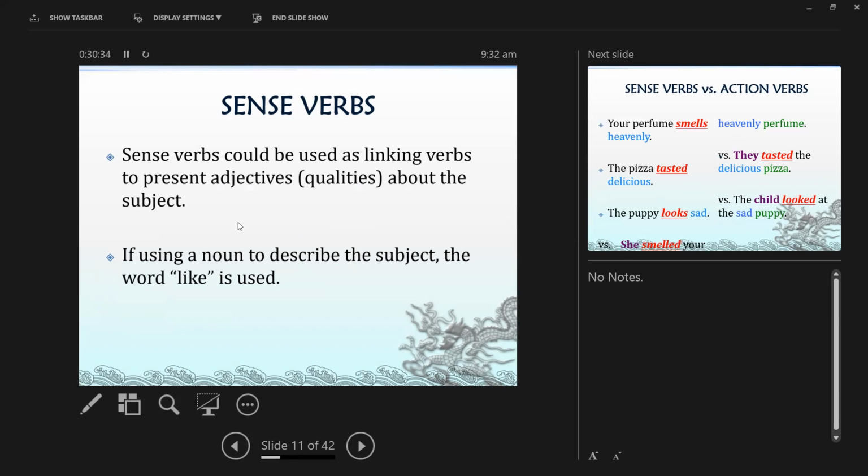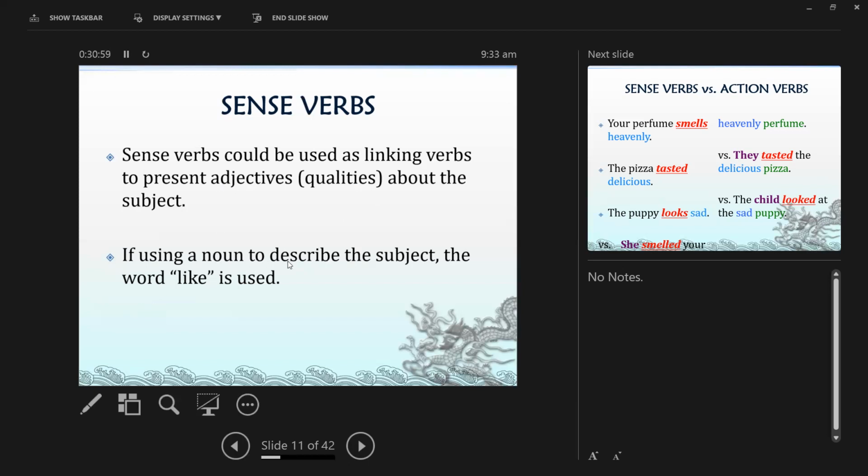From the word linking, you link the subject to the main action. Ibig sabihin, pumapagit na yung linking verb. The linking verb acts like a bridge so that it can link the subject to the action. Okay?